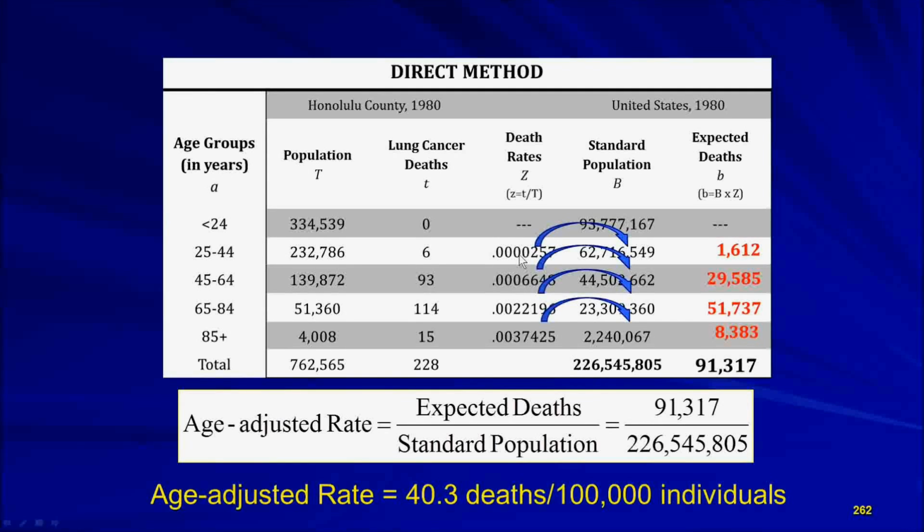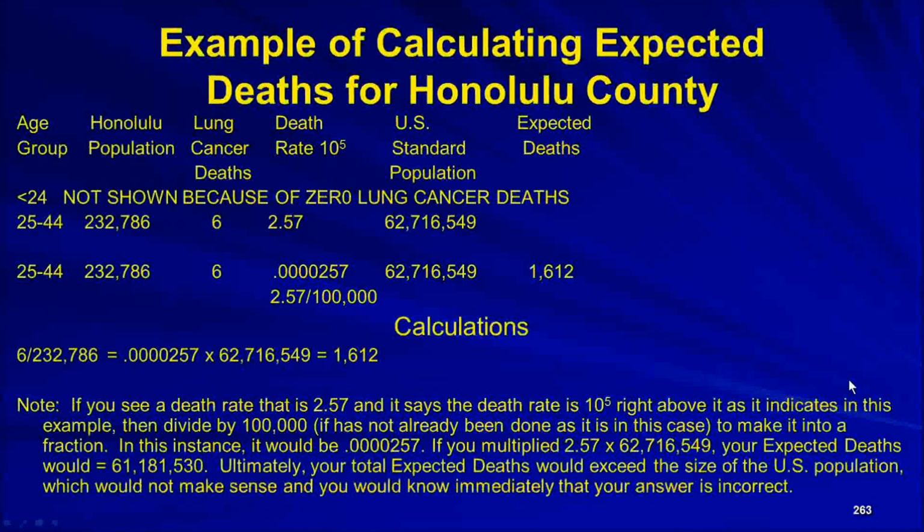So if you don't fractionate this number, your expected deaths are going to be greater than the number of people in the standard population. You know immediately if you come up with a value like that, it's incorrect. It's wrong. So you have to have a fraction here, and I'll explain how to do that.